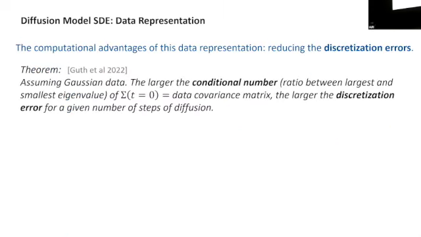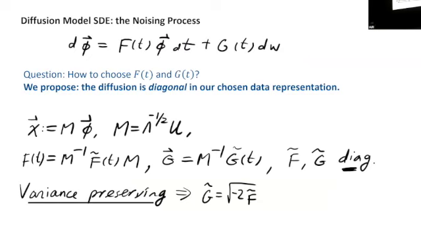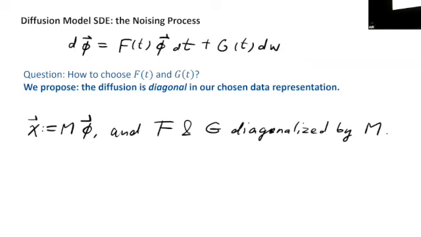Okay, so I'll go to the next thing. Now we go back to the general SDE, though not the most general, because we have made some choices. So how do we choose these two matrices F and G?